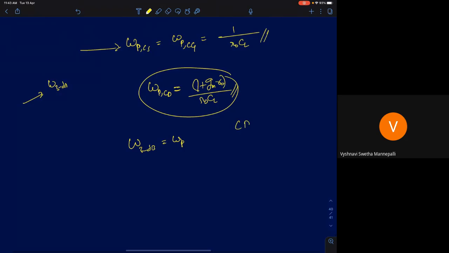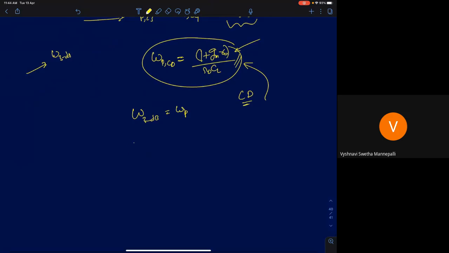Common drain configuration, right? Its pole is almost 1 plus GM R naught times the pole of common gate and common source. But if you calculate the gain bandwidth product, GBW, it's more or less the same for all three amplifiers. For all three, it is more or less equal to GM by CL.